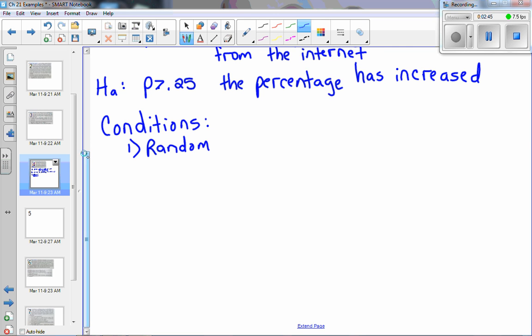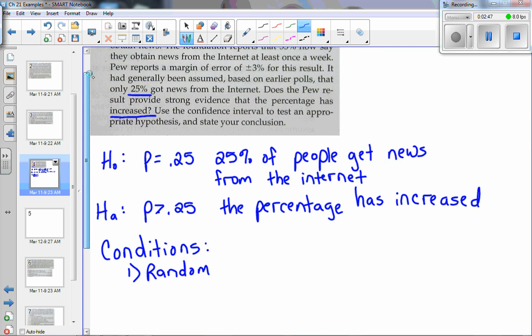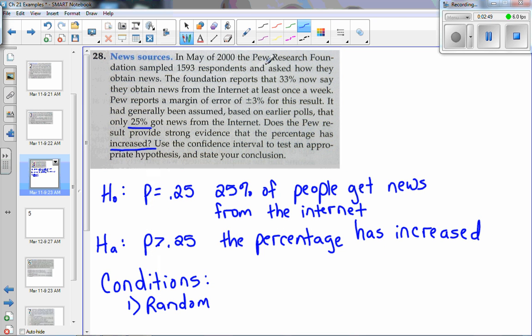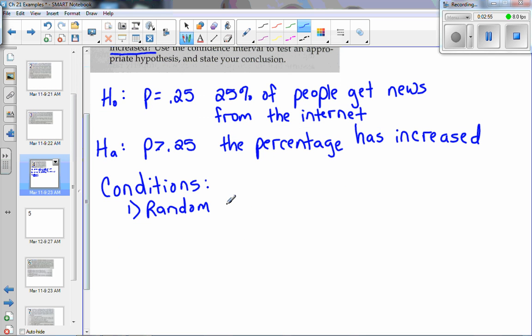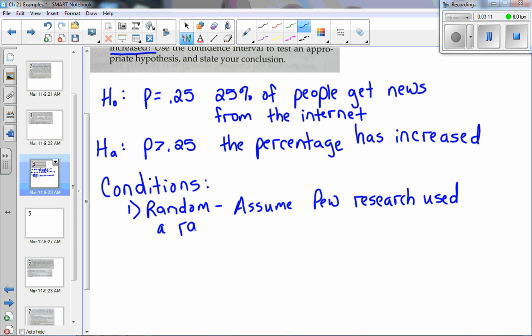And it doesn't tell us that it's a random sample specifically in the problem, but since it's a research foundation, I'm going to go with the idea that they have done a random sample. So we are going to assume Pew Research used a random sample.